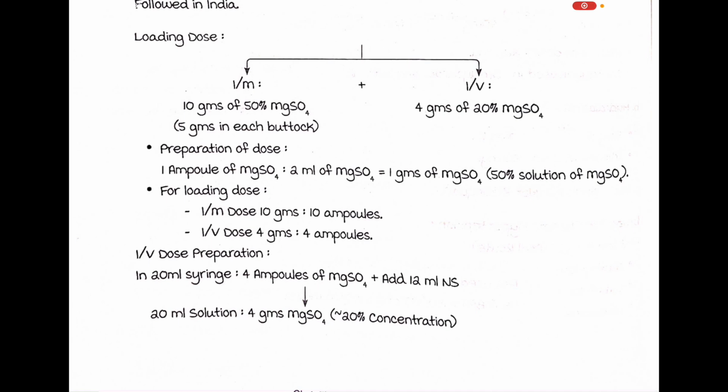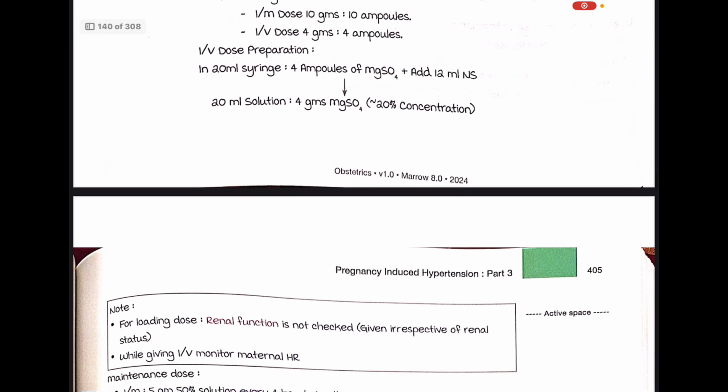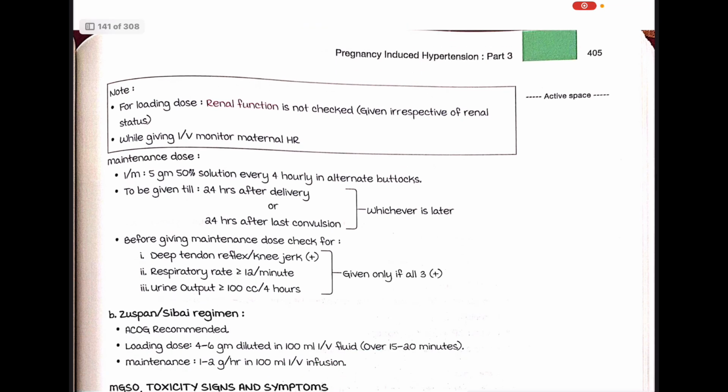IV dose 4 grams is 4 ampules. IV dose preparation: in a 20 ml syringe, take 4 ampules of magnesium sulfate and add 12 ml NS, making 20 ml of 20% solution.